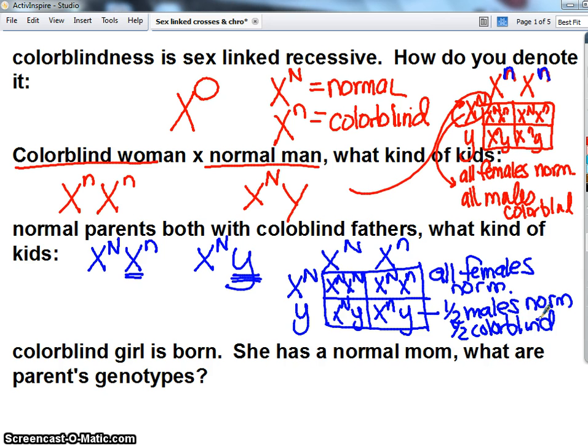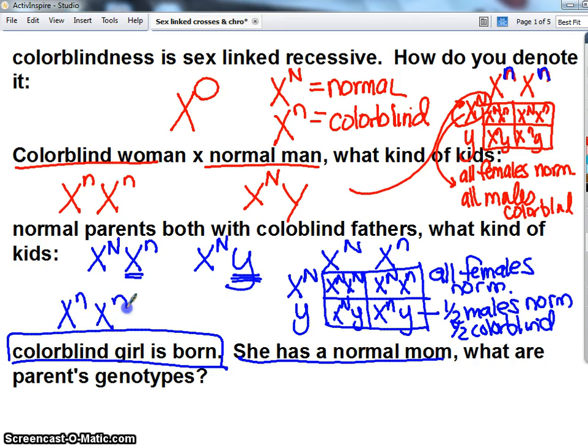All right, in our last cross, we're given the offspring and a little information about her mother, and they want to know the genotypes of both of her parents. So first step, if she's colorblind, we know her genotype. She's X little n, X little n. If her mother's normal, her mom definitely has at least one big N. If we work backwards, we know she had to get one of her X's from mom and one of her X's from dad.